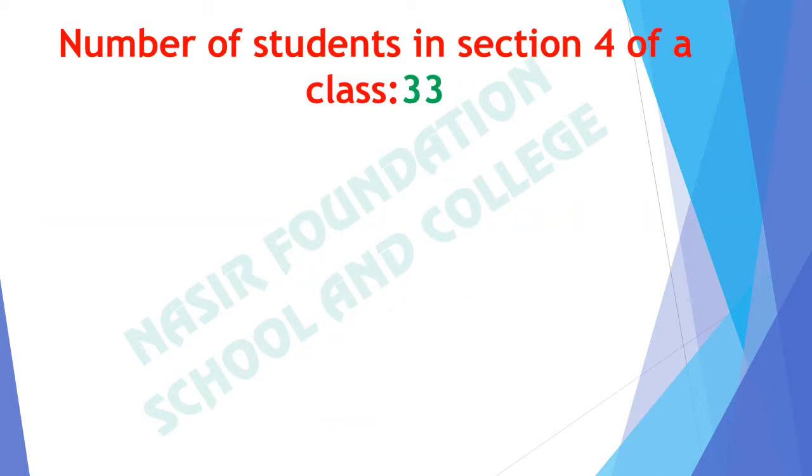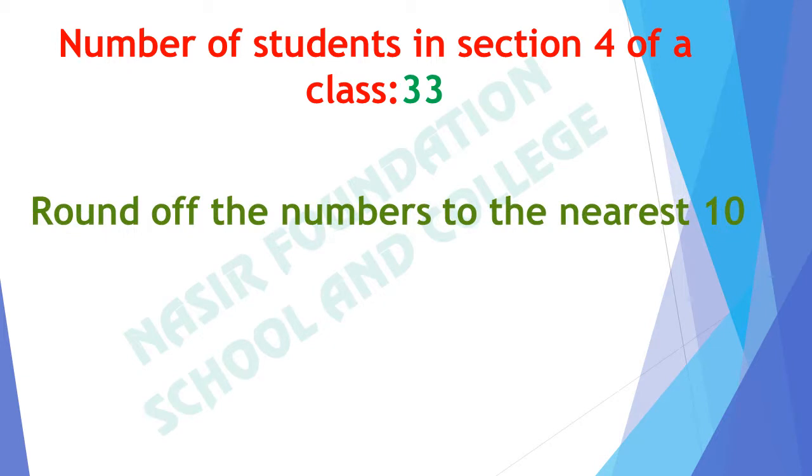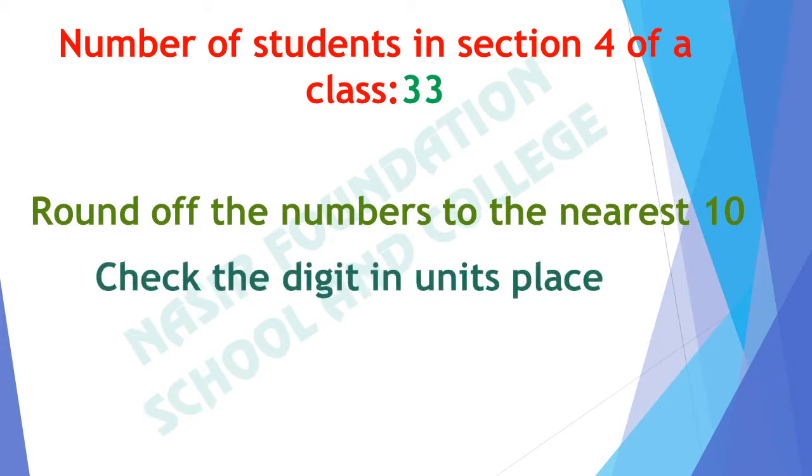Number of students in section 4 of a class is 33. Now we will round off this number to the nearest 10. To round off the number to the nearest 10, we check the digit in units place. In units place there is 3. And 3 is less than 5.